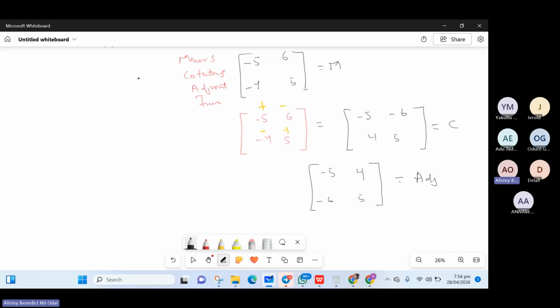Now the next thing we have to do is to find our determinant. So our determinant is, of course, -5 times 5 minus 4 times 6, which is -25 minus 24... so our determinant is equal to -1.